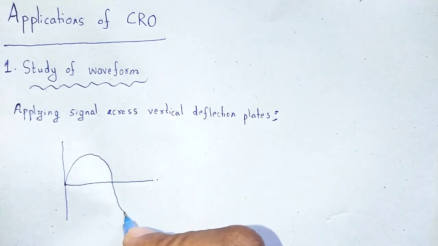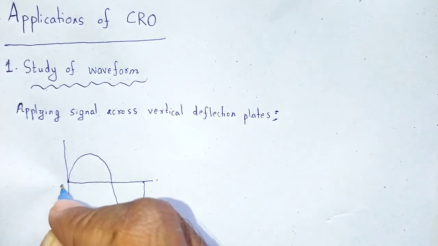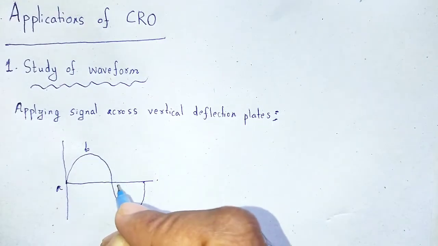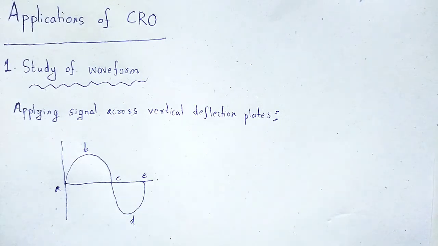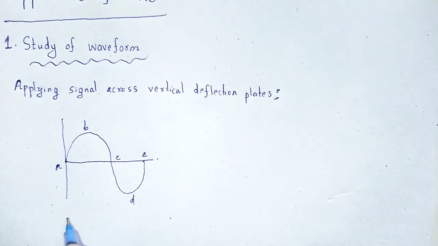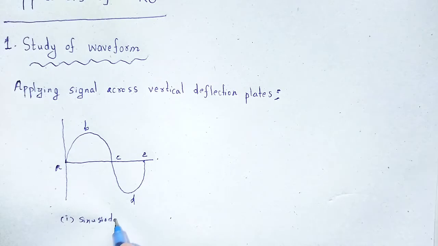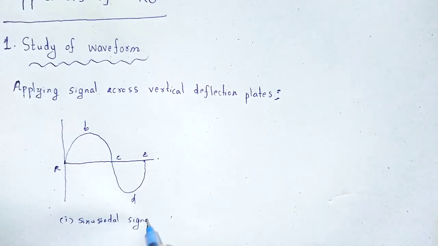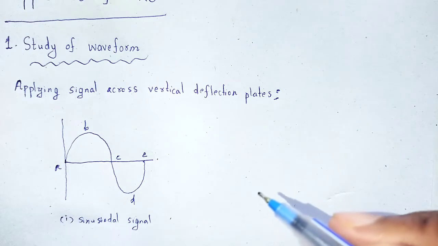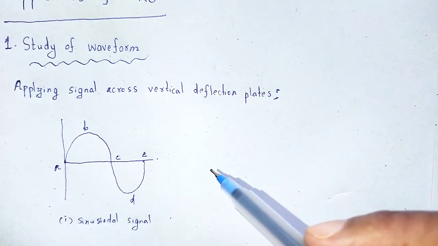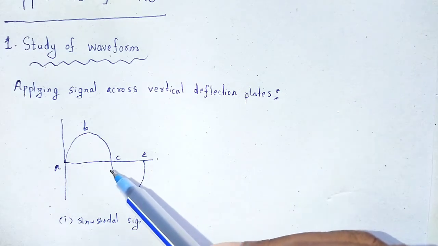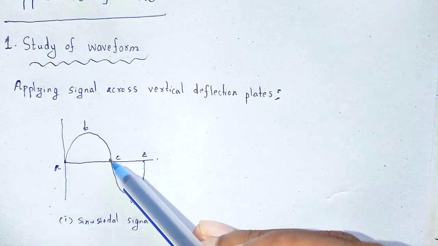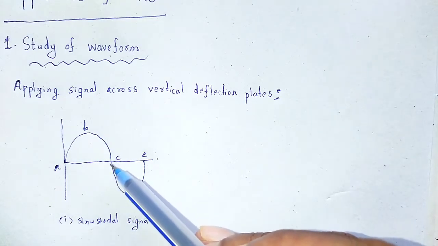Sinusoidal wave A, B, C, D, E is the sinusoidal signal. That sinusoidal signal has one positive half cycle and one negative half cycle.